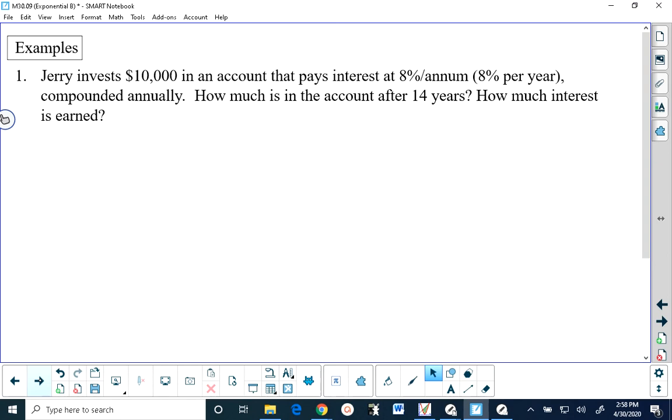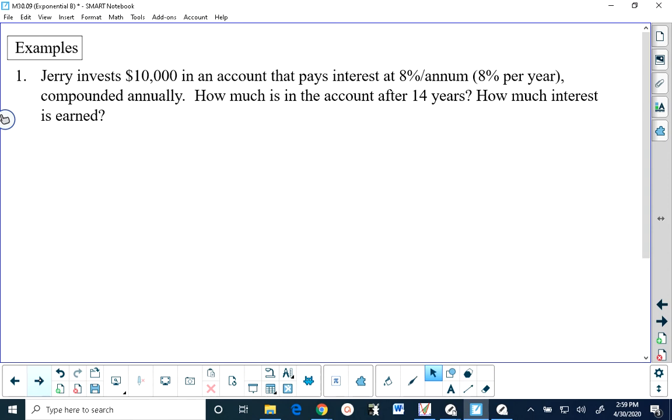Jerry invests $10,000 into an account that pays interest calculated at 8% per annum. That means that for the whole year, he's going to get 8%. And additionally, it says it's compounded annually. Now, what that means is, let's just assume that Jerry puts his money in the account on January 1st. If Jerry were to look at his account balance on January 2nd, it would still be $10,000.